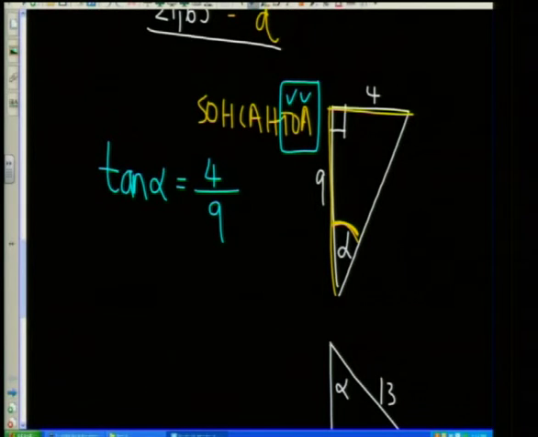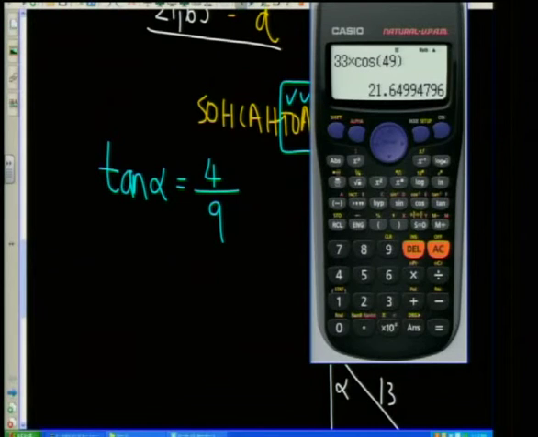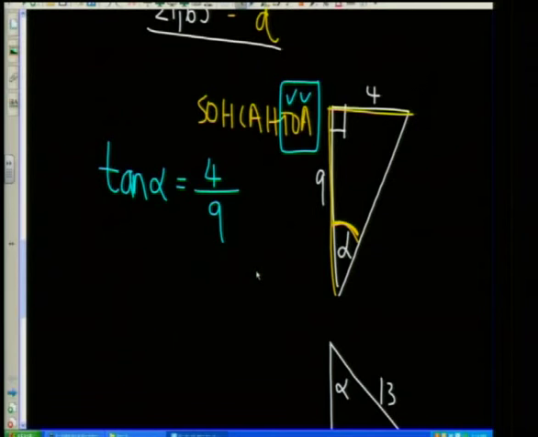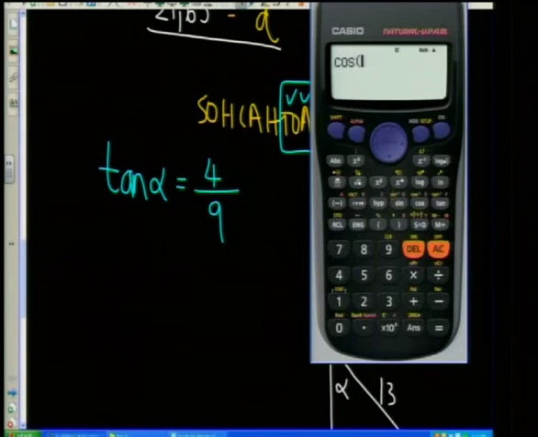And now, how does the calculator know how to find the angle? Well, because it's very clever. The calculator has got a button for the ratio of tan, and as a second function, it's got tan to the minus 1. Cos has got cos to the minus 1, and sine has got sine to the minus 1. So these yellow buttons here are the buttons that find the angle for you.